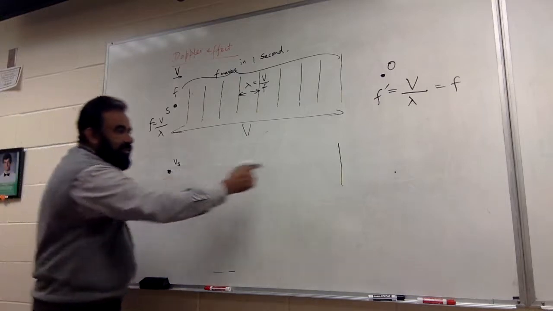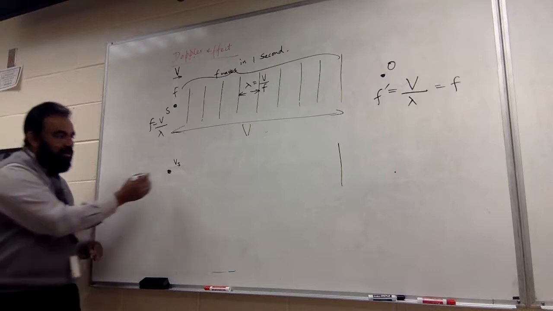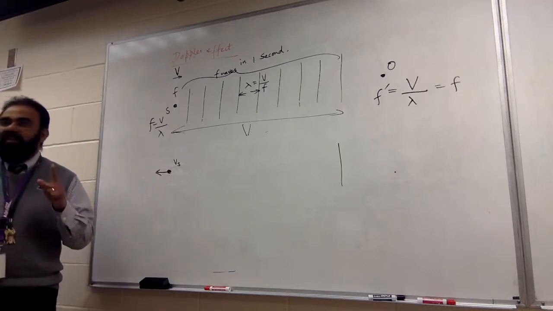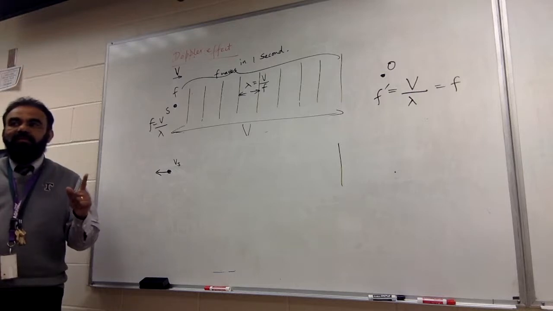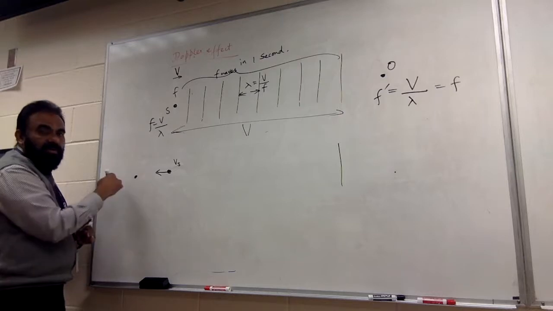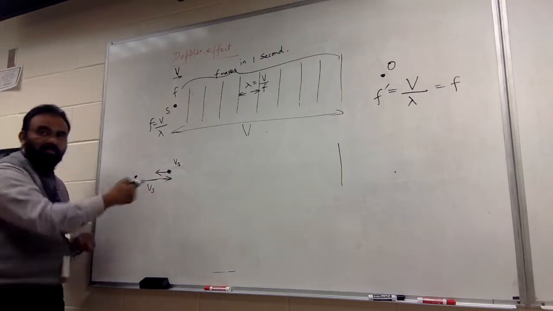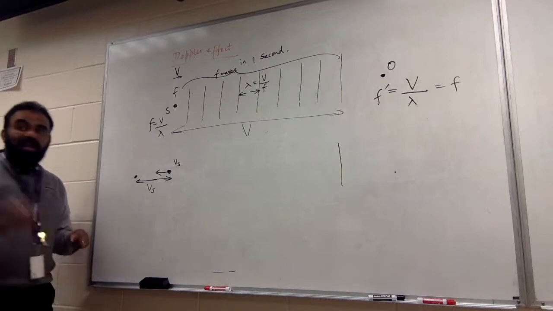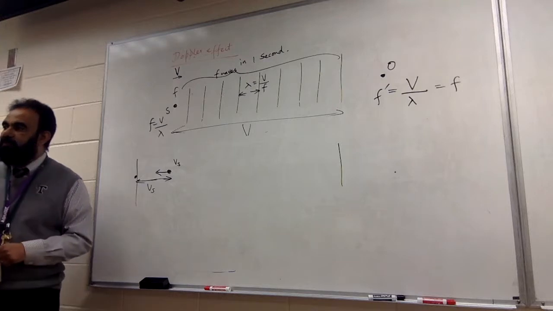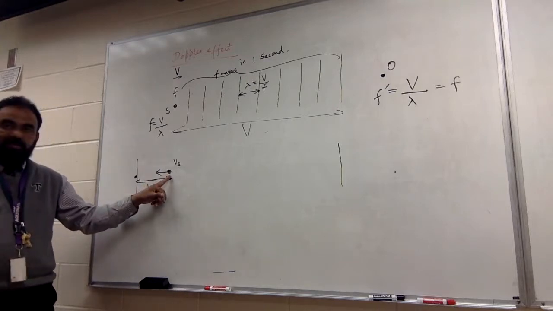What's the distance from here to here? V meters. But now the source is going backward. So in 1 second, where is he? He's here. In 1 second, he's gone Vs meters backward. So the last wave he's generating from here, and the first wave he generated from here.